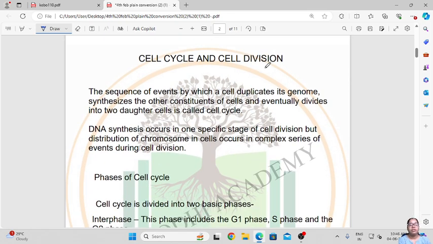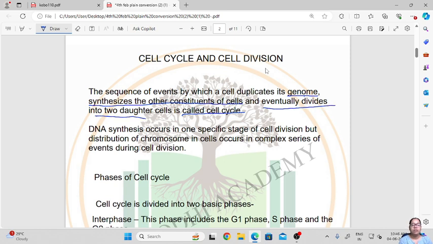So first let us understand the meaning of cell cycle. So what is cell cycle? It is the sequence of events by which a cell duplicates its genome, synthesizes other constituents of the cell, and eventually divides into daughter cells.